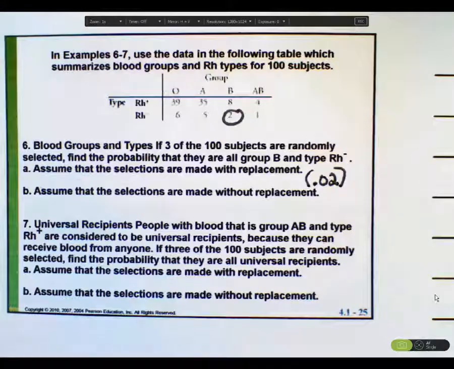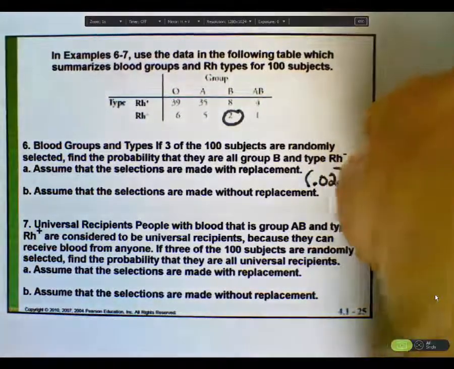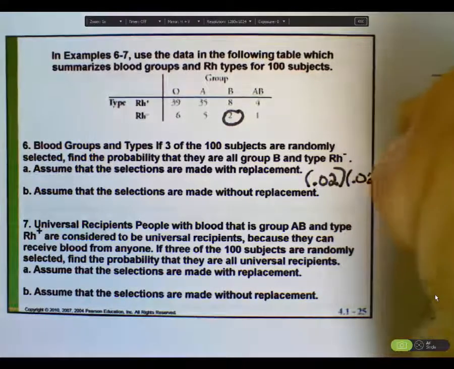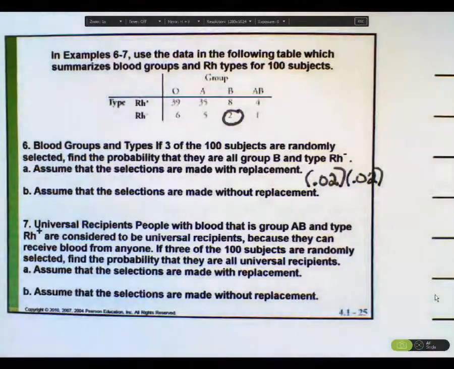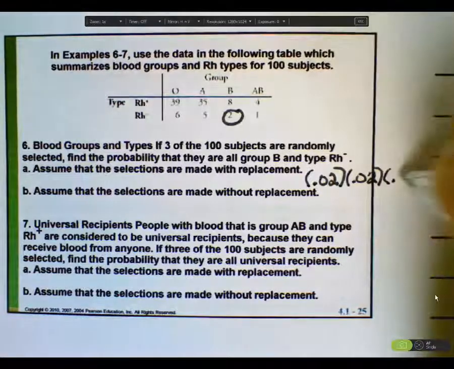Now that's the probability that the first person is group B and Rh negative. And if I put that person back and draw out another person, then the probability that they're group B and Rh negative is going to be the same because I put the first person back. And so is the third person.